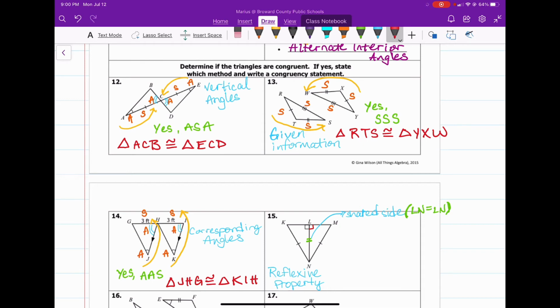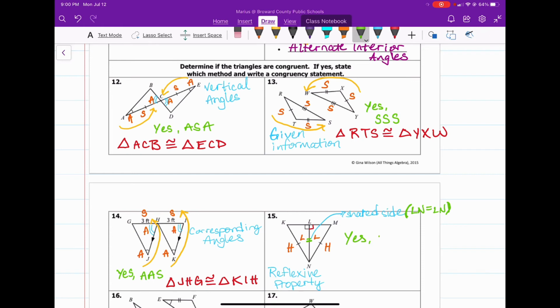Now, because of this, also let's go ahead and label what we have. This is basically the hypotenuse, and the shared side is the leg right here. Okay, so what we have here is, first of all, are they congruent?